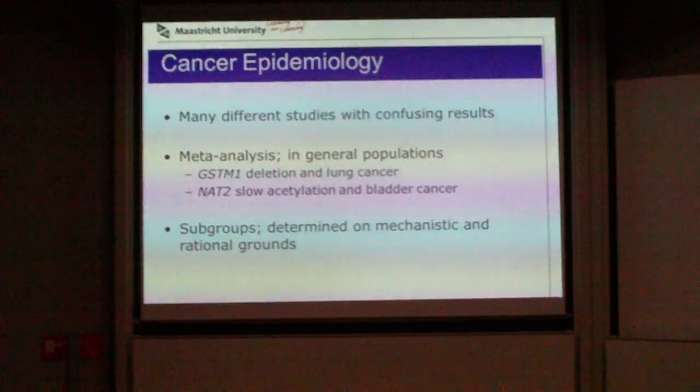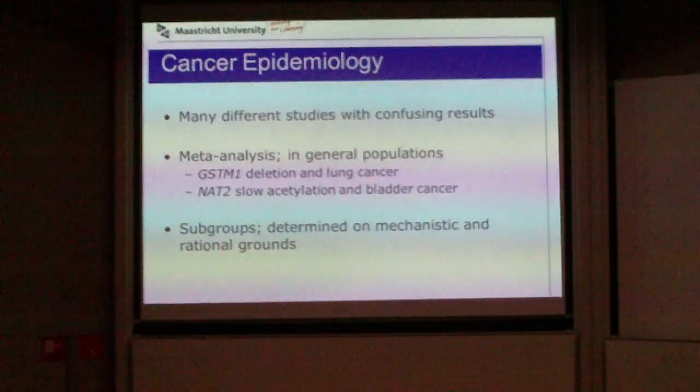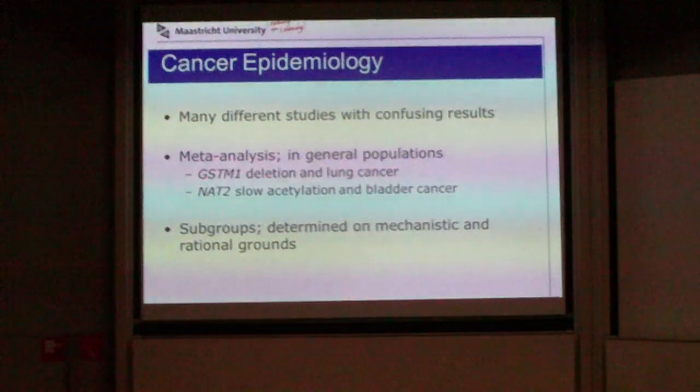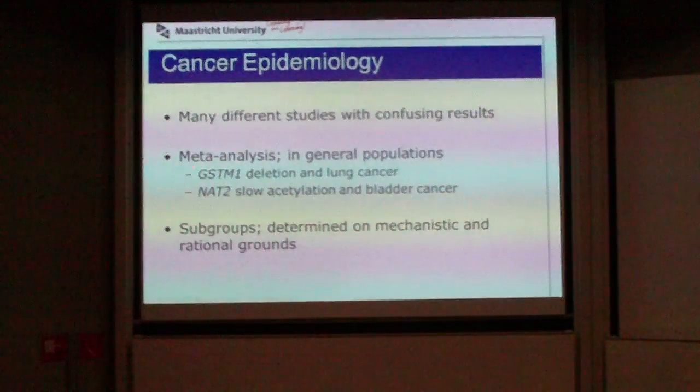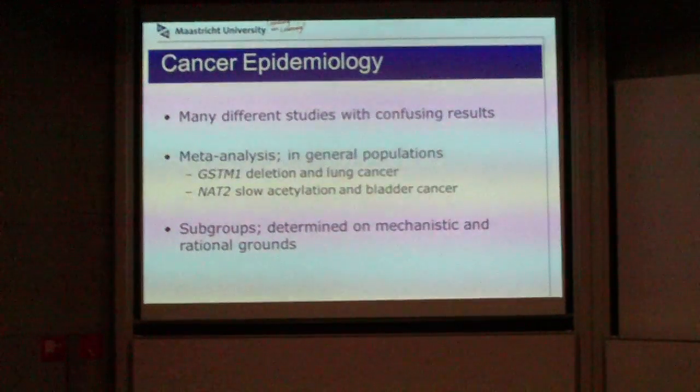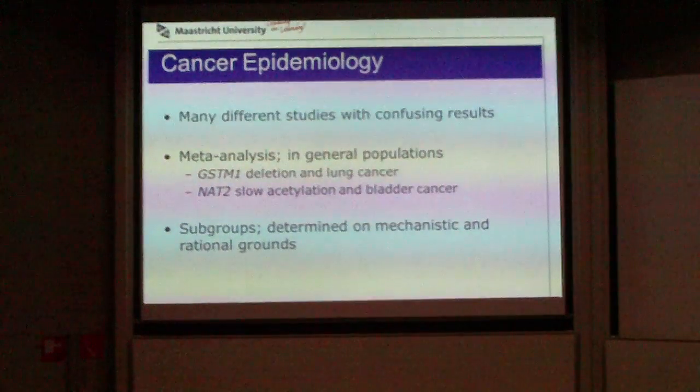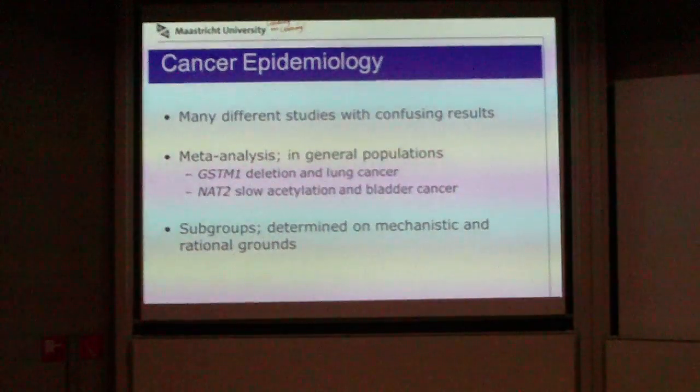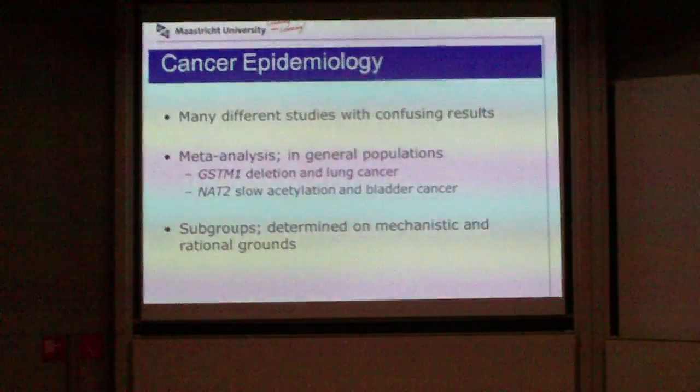But actually, I had a PhD student on this, so I can talk for the rest of the day on these 2 things. And acetyltransferase 2 is a slow acetylation, so it's just the second metabolism process of another class of compounds that you see in barbecued meat, the heterocyclic aromatic amines.